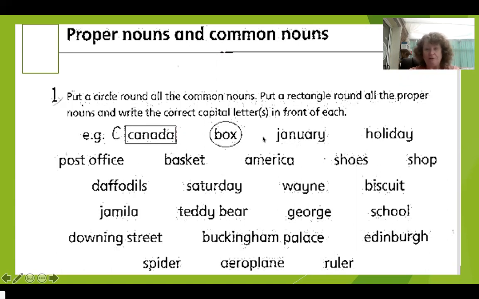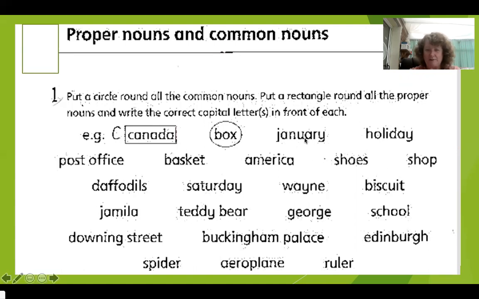Okay, so pause your video. Go and get a pen and paper if you haven't got one already. Write these down. See what you can do. Right. So I'm going to assume that you've paused it and I'll go through this with you.